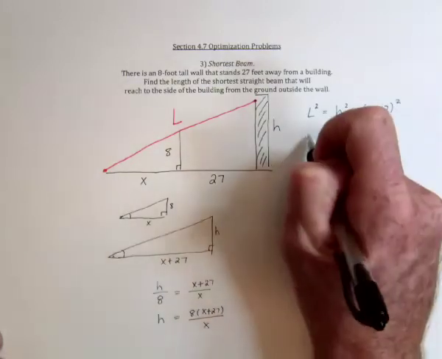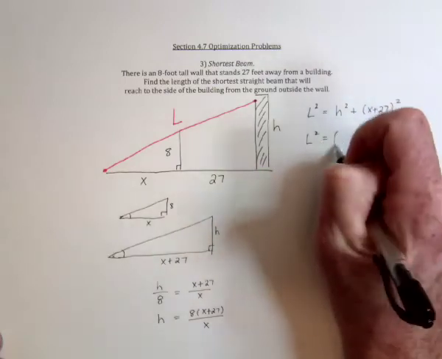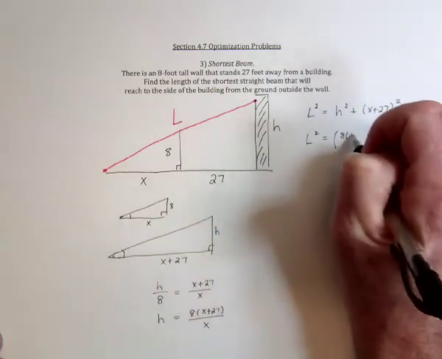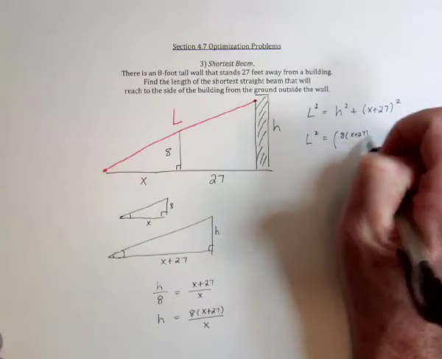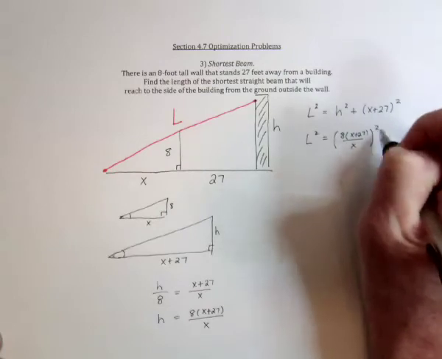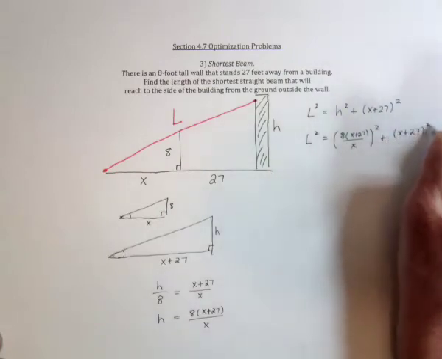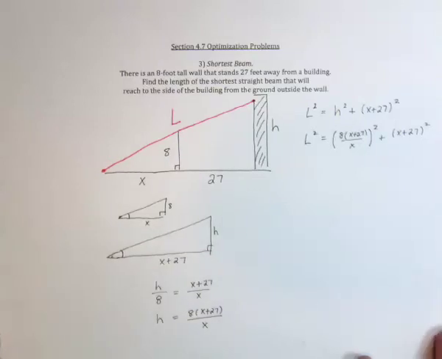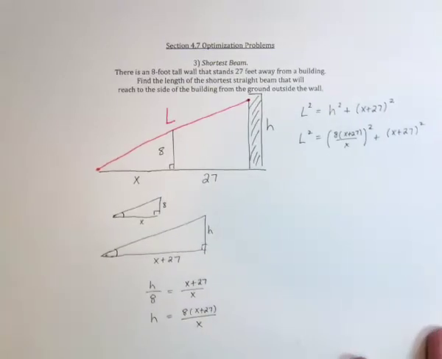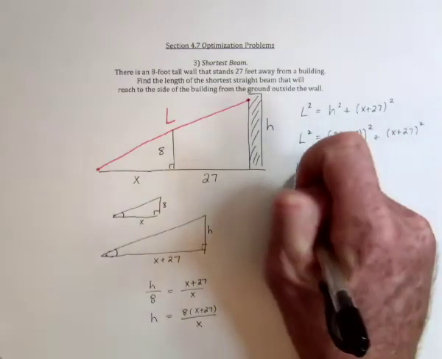Alright, now substitute that into our L squared function. So it's going to be (8 times (x plus 27) over x) squared, and then (x plus 27) squared. And then notice that both of these have (x plus 27) squared in them, so I could factor that out.